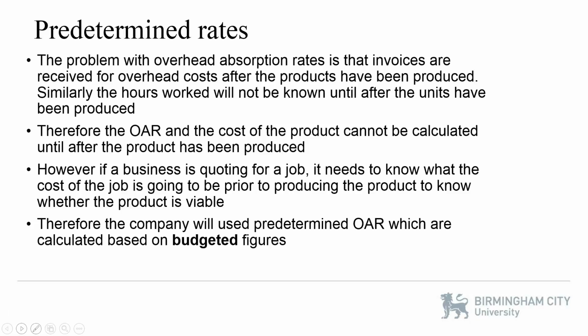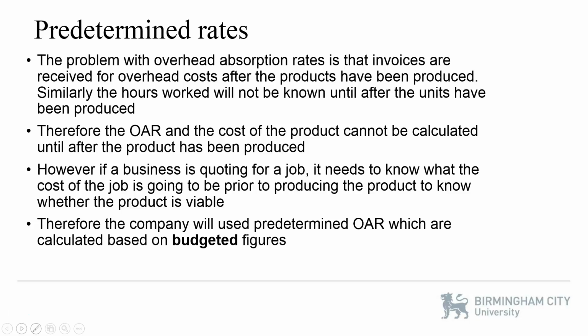Similarly, things like the hours that it takes to produce the product, we don't know that until after the product's been produced. So therefore, to calculate an overhead absorption rate using our actual figures, we would have to wait until we'd produced the product. But that is not what we want.